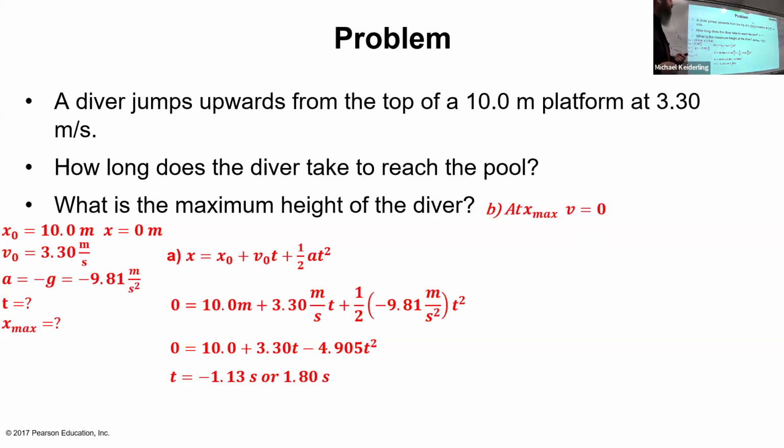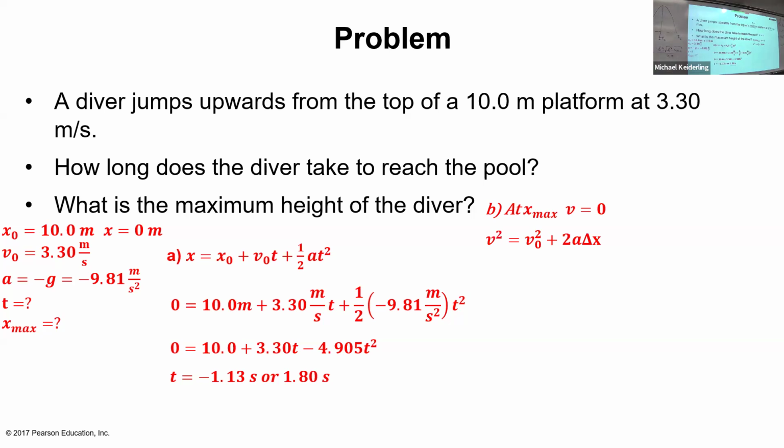So at x max, v equals 0. So we can do another calculation with v equal to 0. We can use this formula because we want to find x max. X max is just going to be x naught plus delta x.